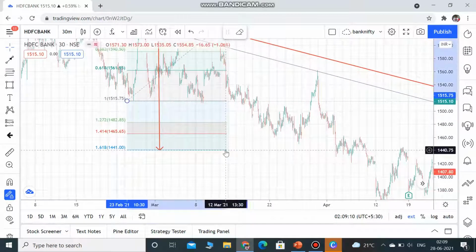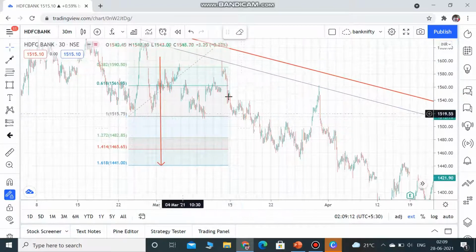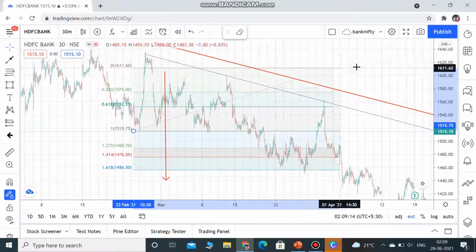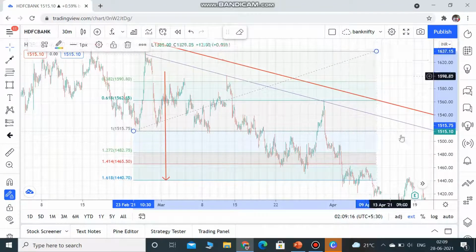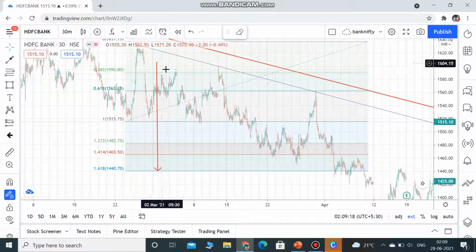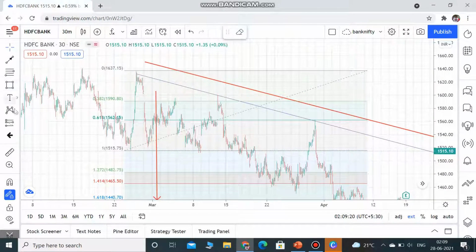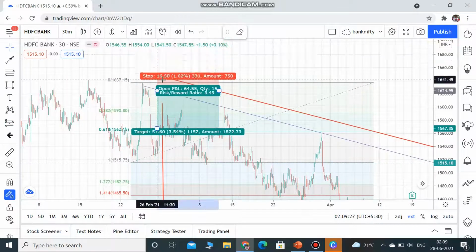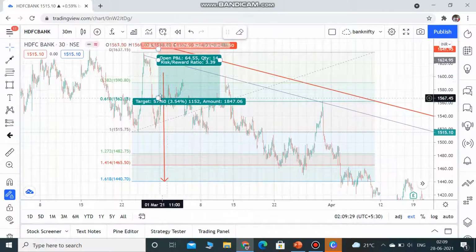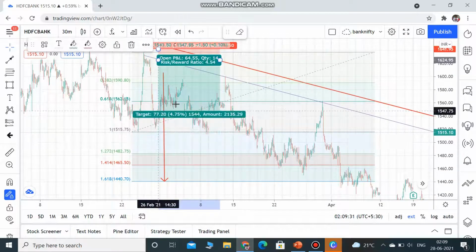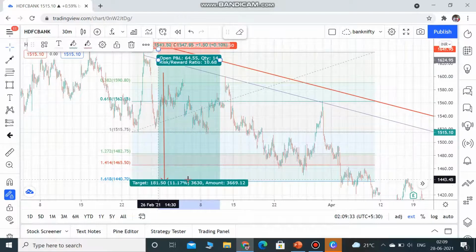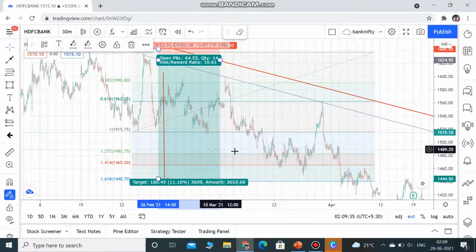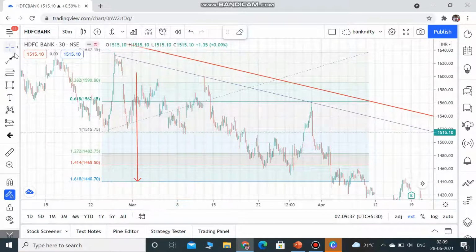See, it has achieved, right? It has never crossed my stop loss. So you have to short here above your wick rejection and target till my 161. This is how you have to plan on your Fibonacci.